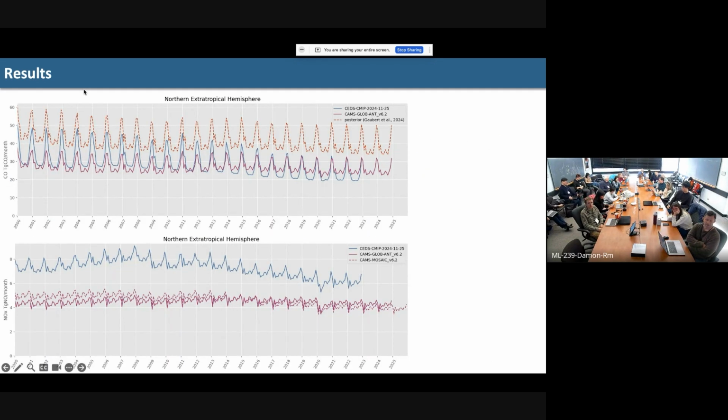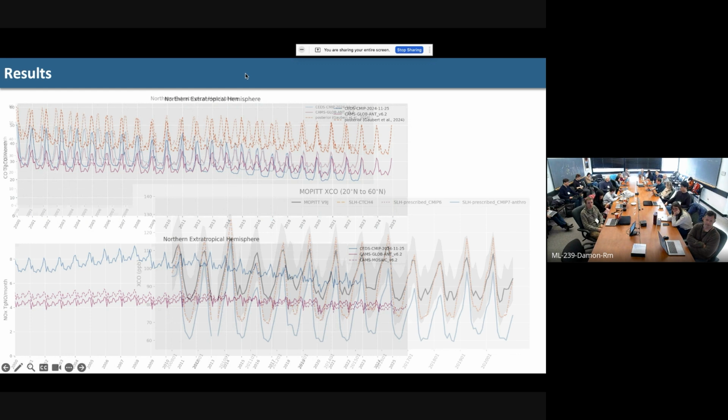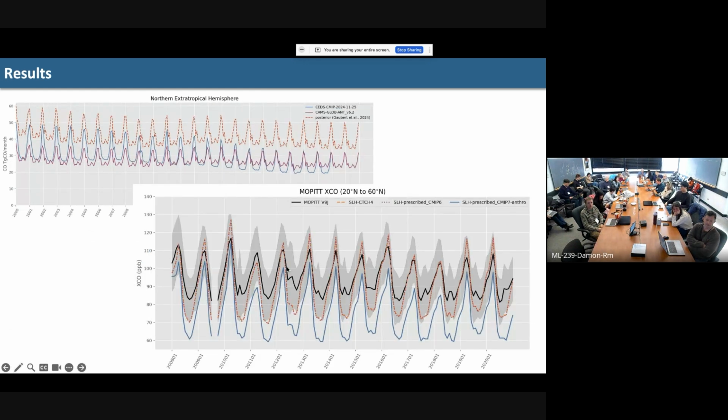So I'm just going to go through this and compare with MOPITT CO. So this is again the northern extratropical hemisphere for CO and NOx. And when you compare with CO, you can see that I could reproduce the same results as the initial evaluation for SLH, with pretty much an overestimation for the peak months, but a good representation in the fall and spring, and an underestimation in the summertime.